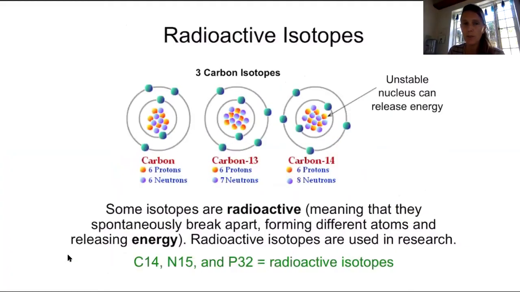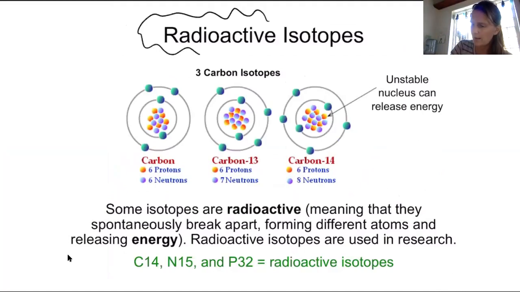Some isotopes, not all of them, but some of them are radioactive. Right? And what that means is that these atoms can spontaneously break apart, forming different atoms and releasing energy, right?